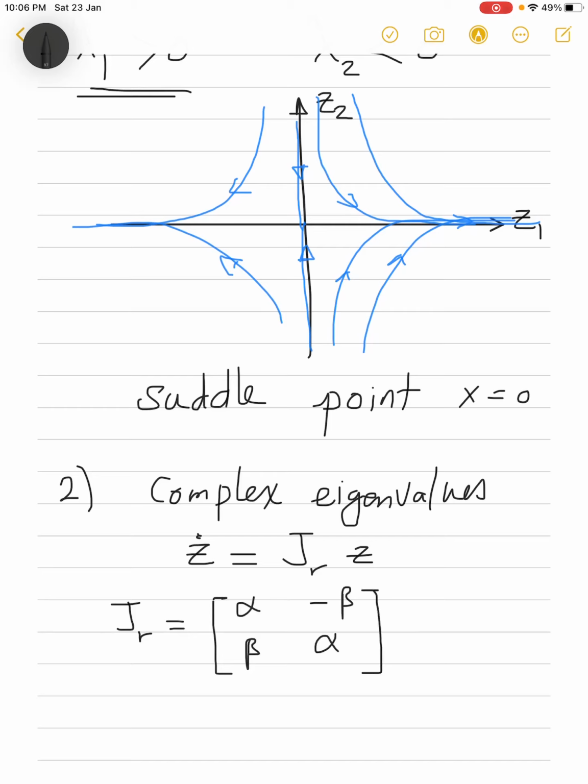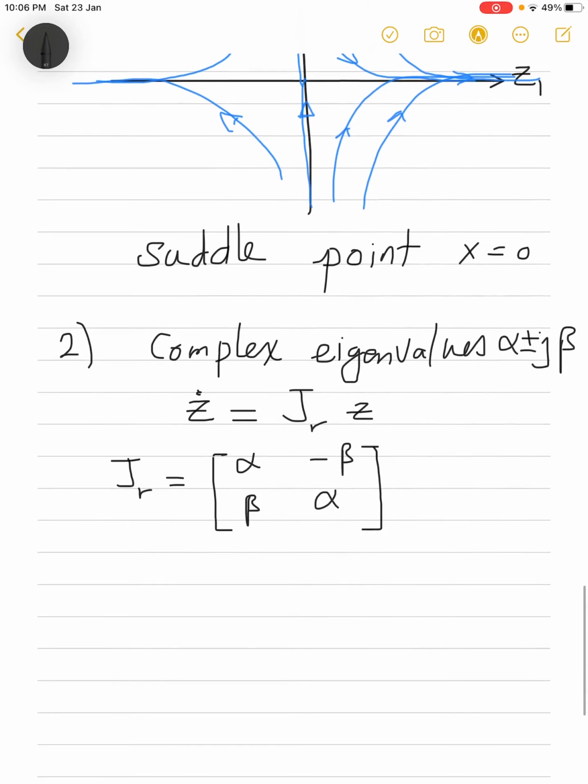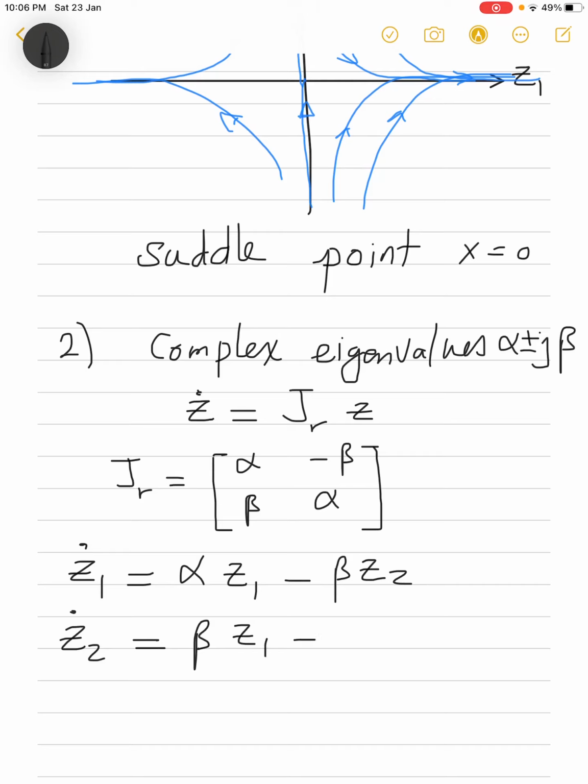And actually, if we calculate the eigenvalues of this matrix, we will find that the roots will be at alpha plus or minus j beta. So in that case, we can write the differential equations as z1 dot equals alpha z1 minus beta z2, and z2 dot equals beta z1 plus alpha z2.